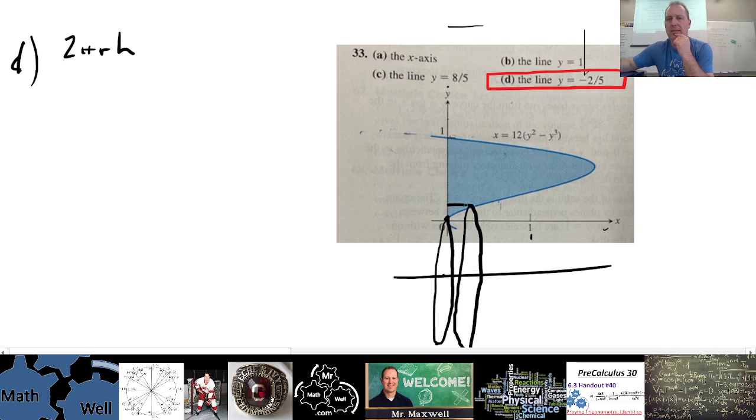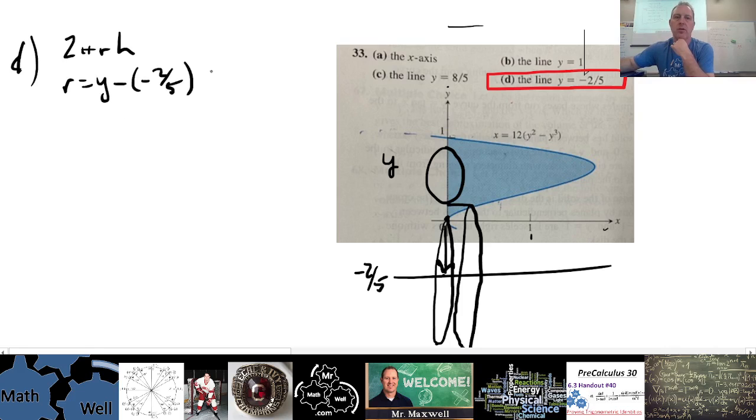So our radius is going to be whatever y is plus this distance. You see? Or, as I mentioned before, y is larger, the -2/5 is smaller, so y minus -2/5. So r is y minus -2/5, or y plus 2/5. That's going to be your r.